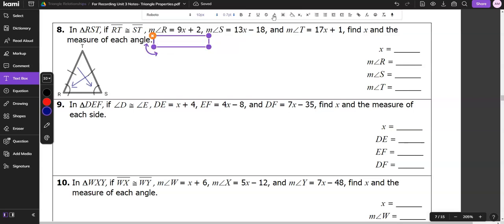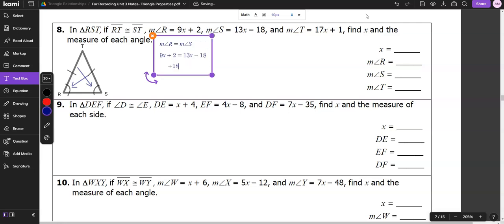I know that because RT is congruent to ST, the measure of angle R is equal to the measure of angle S. So I'm going to set those two expressions, 9x plus 2, equal to 13x minus 8.